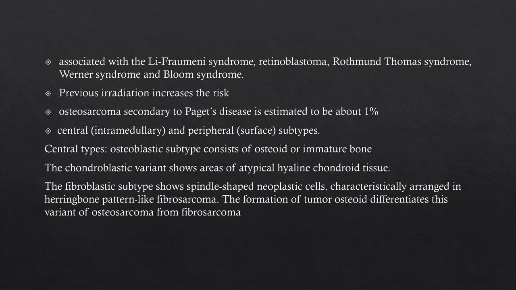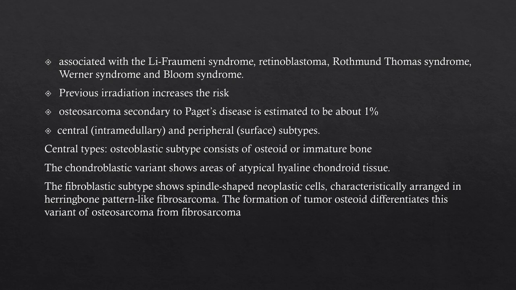The central types are the osteoblastic subtype, which consists of osteoid or immature bone. Another subtype is chondroblastic, showing atypical hyaline chondroid tissue. The fibroblastic subtype shows spindle-shaped neoplastic cells arranged in a herringbone pattern, similar to that of fibrosarcoma.